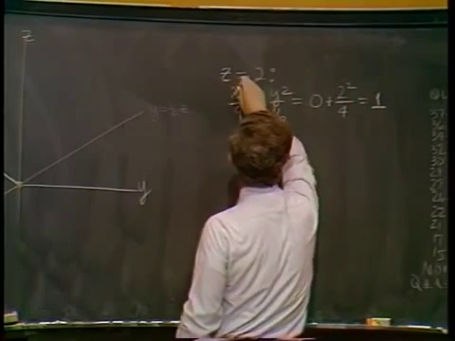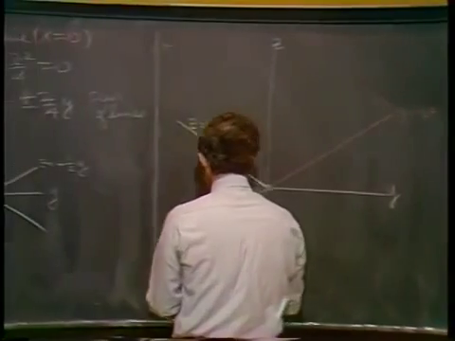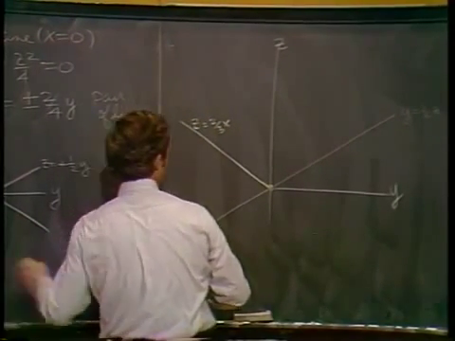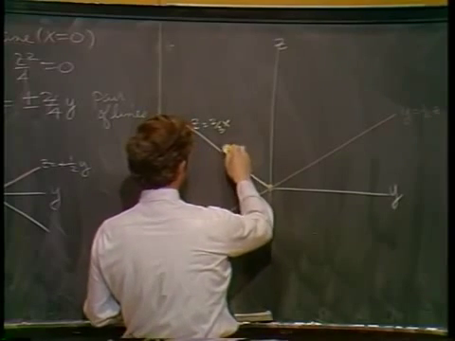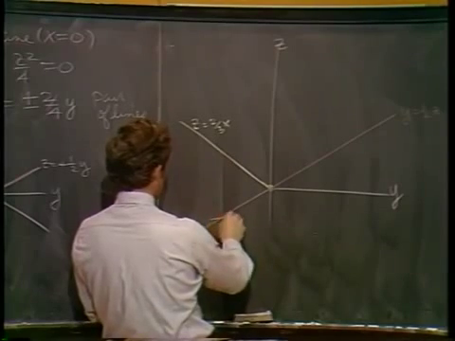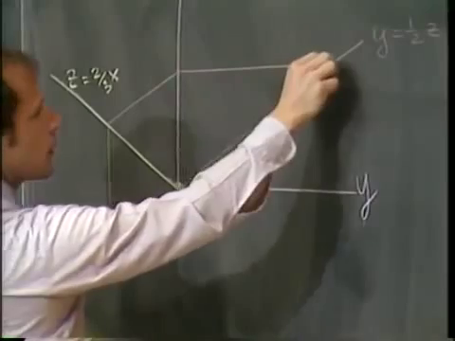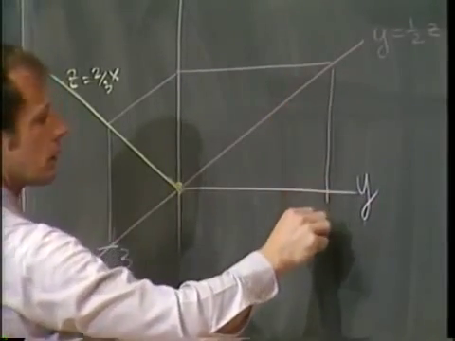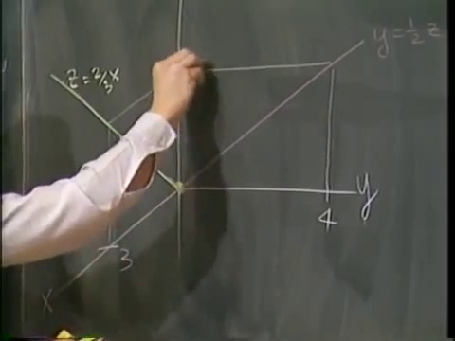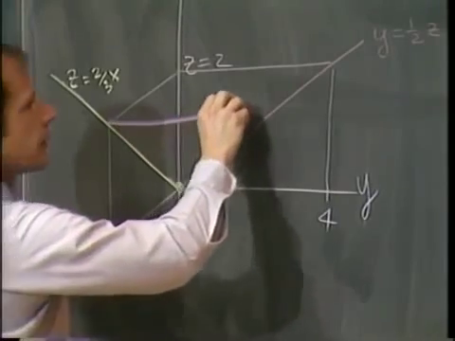So at z equals 2, in that plane, you get an ellipse. Trying to give you a feeling for that ellipse. Up here, when z equals 2, the ellipse curves around something like that.